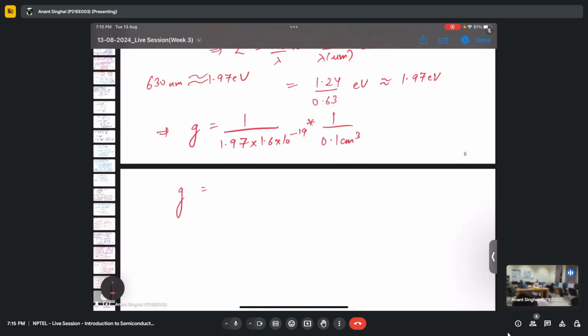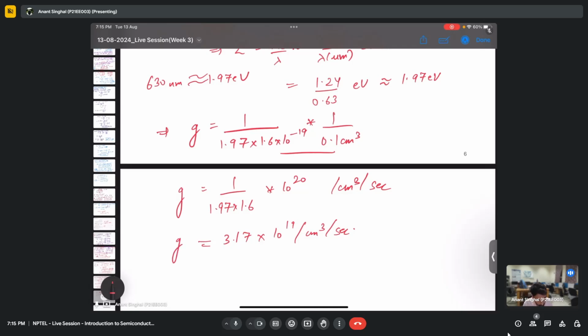If you calculate, this is 10 raised to the minus 20. The unit for this will be per centimeter cube per second. So if I calculate, this will come around 3.17 times 10 raised to 19 per centimeter cube per second.